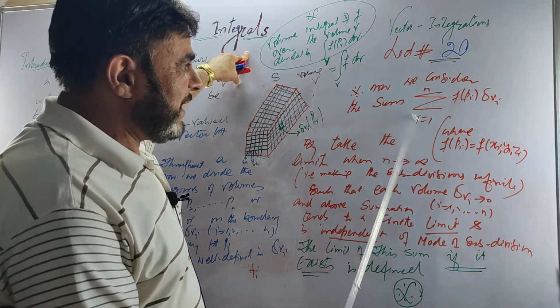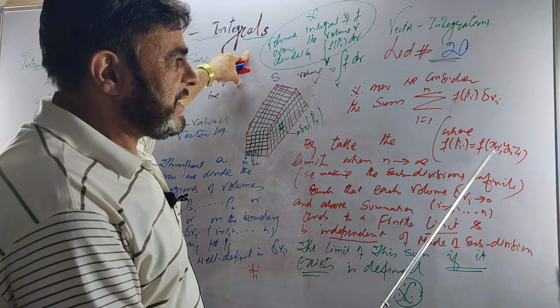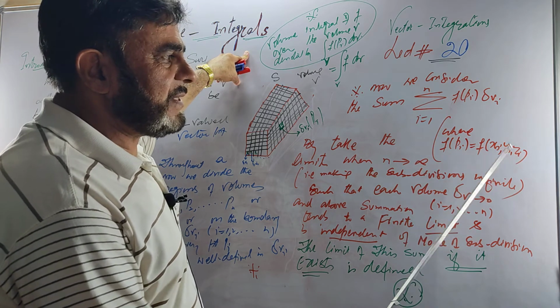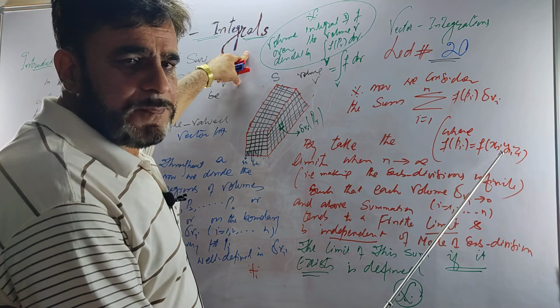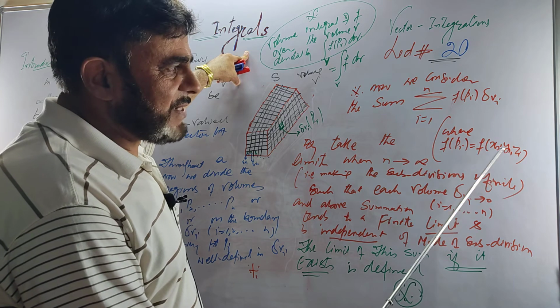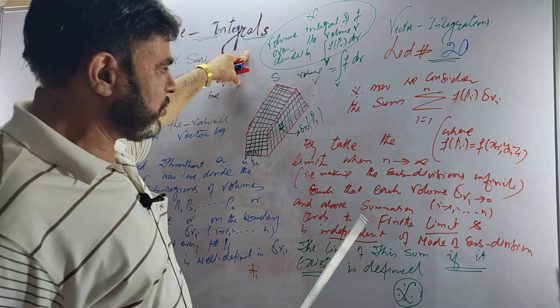We take this finite sum, where f of Pi is f of xi, yi, zi, the value of the function at Pi, where Pi has the coordinates xi, yi, zi. I am just assuming this.